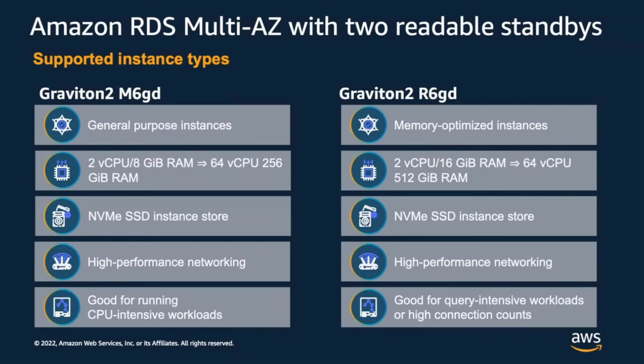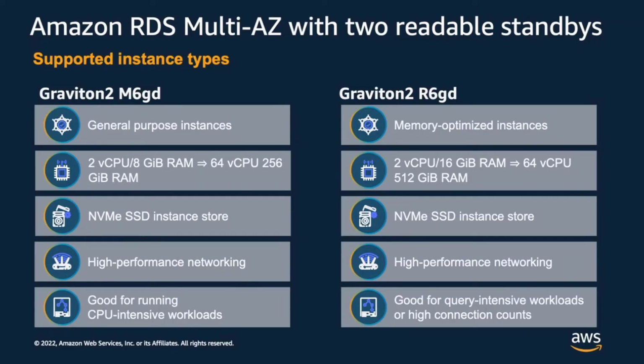It has 8 gigs for every 2 cores, and it is good for running CPU intensive workloads. Then R6GD is a memory optimized instance, which has 16 gigs for every 2 cores with high performance networking and is good for query intensive workloads or high concurrent connections.